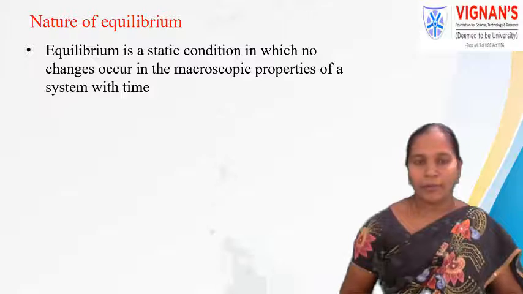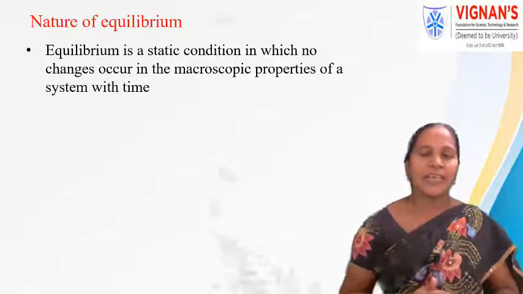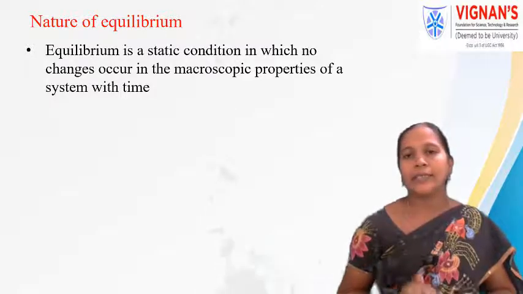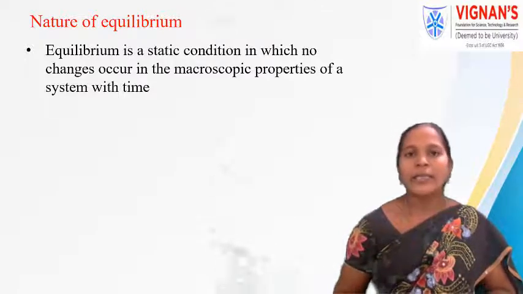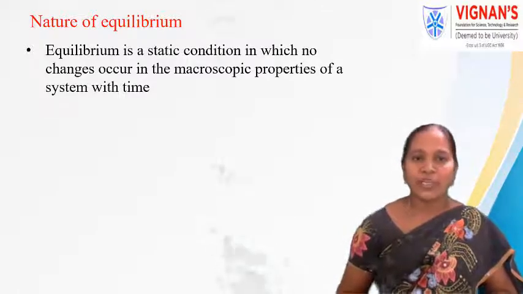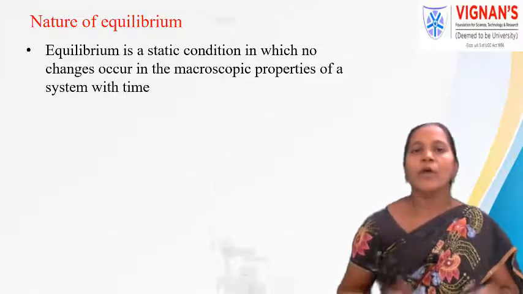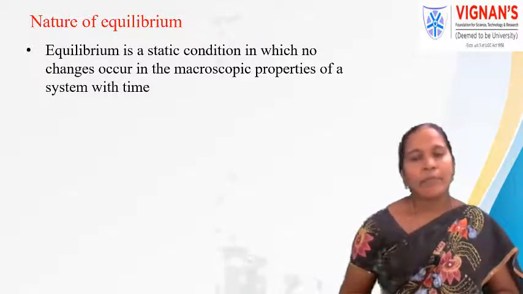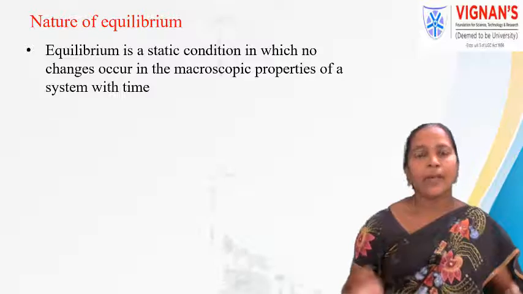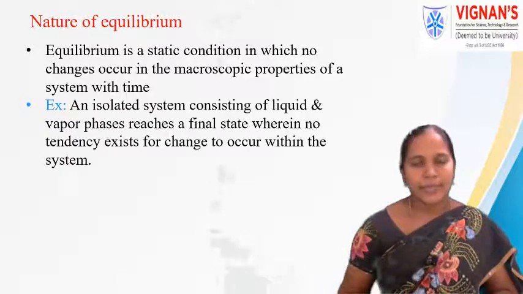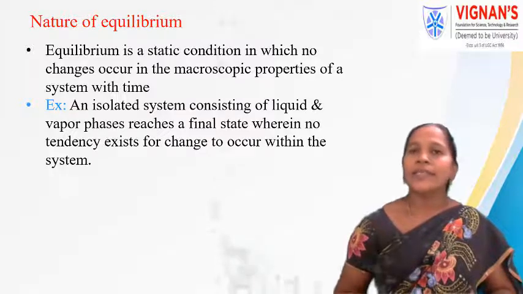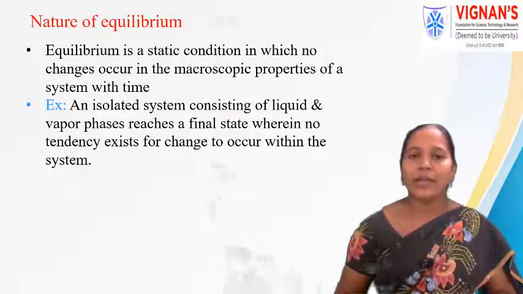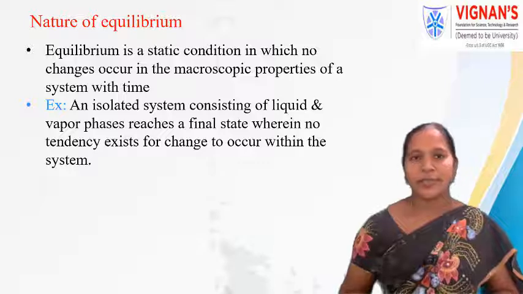What is equilibrium? Equilibrium is a static condition in which no changes occur in the macroscopic properties of a system with time. Macroscopic means bigger system. Example, consider an isolated system consisting of liquid and vapor phases.